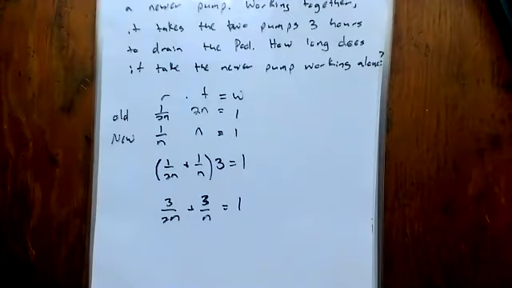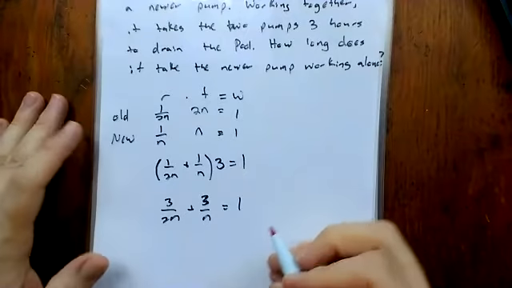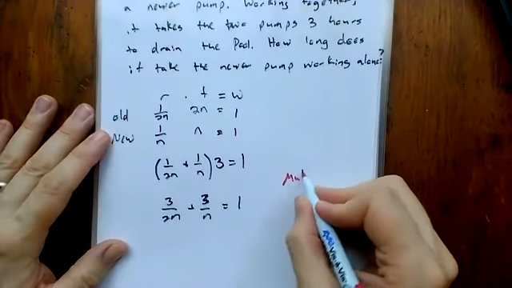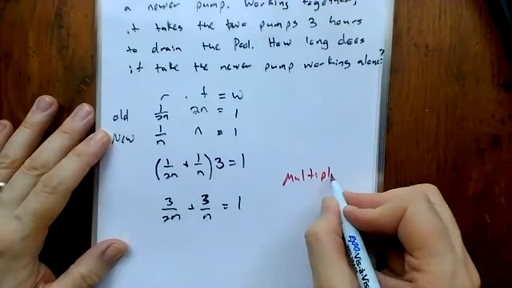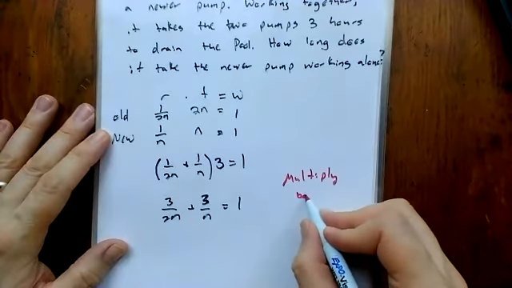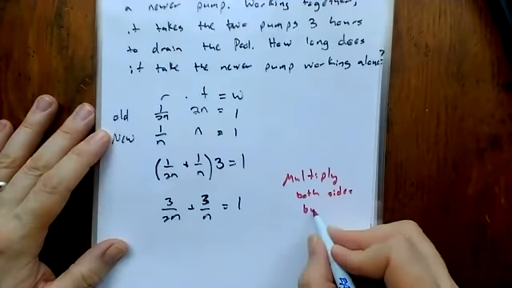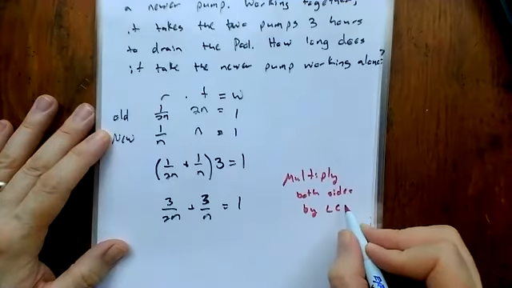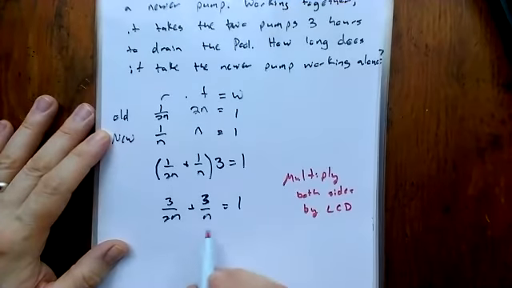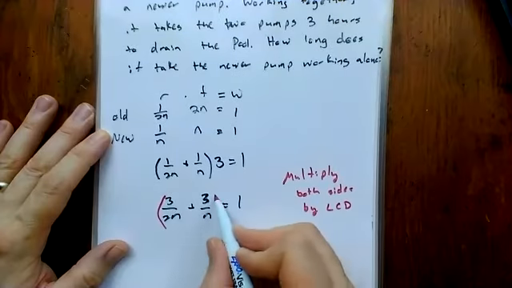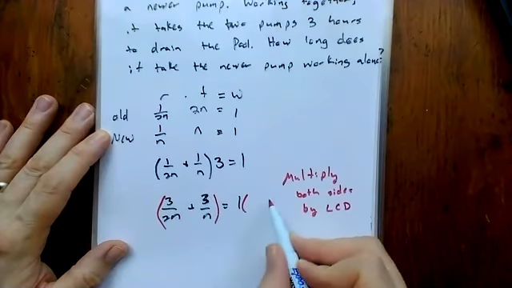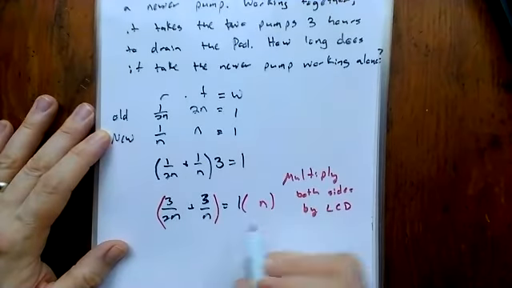Now, when I solve this, I'm going to multiply both sides by our LCD, our common denominator. It looks like I've got a factor of n and a factor of 2.